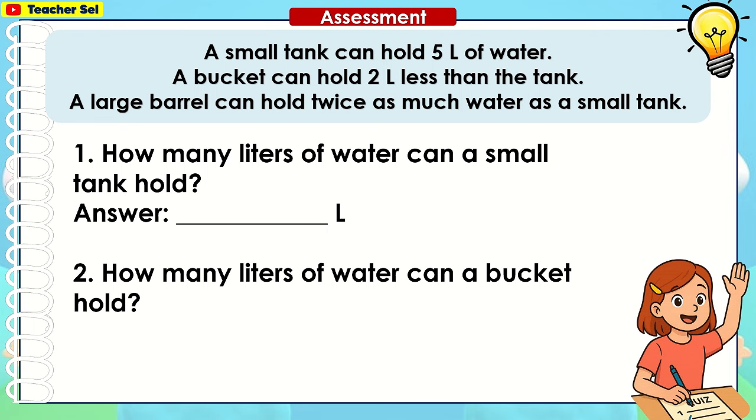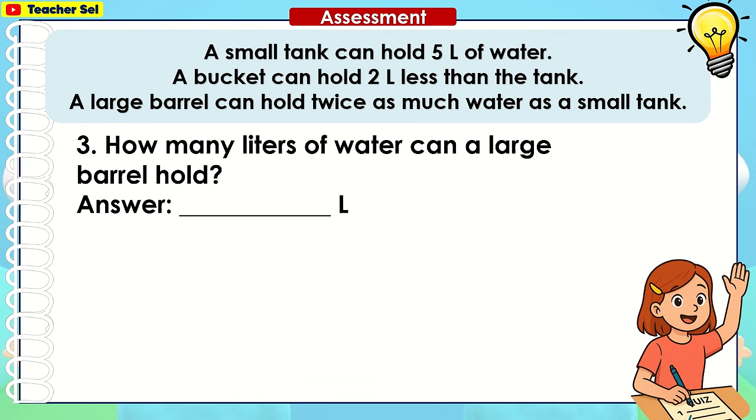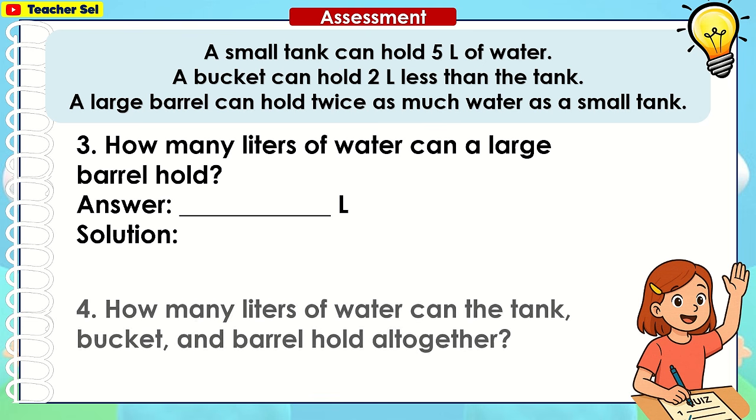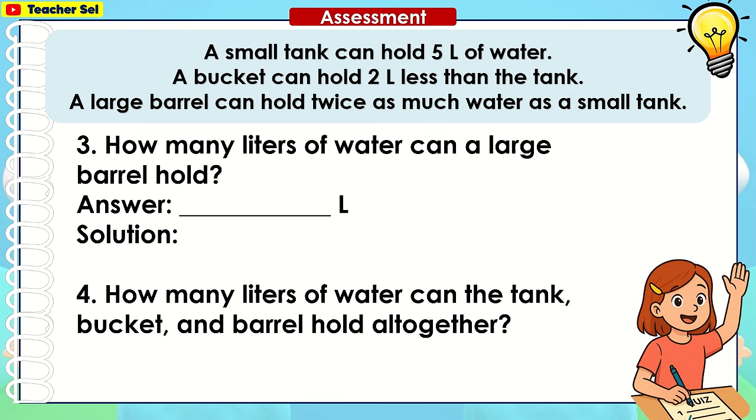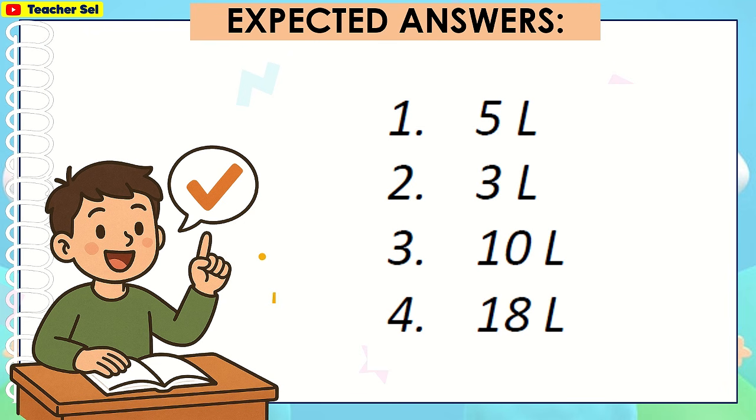How many liters of water can a bucket hold? How many liters of water can a large barrel hold? How many liters of water can the tank, bucket, and barrel hold altogether? Here are the correct answers.